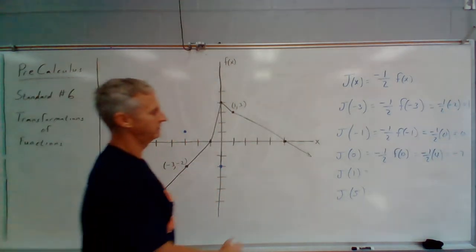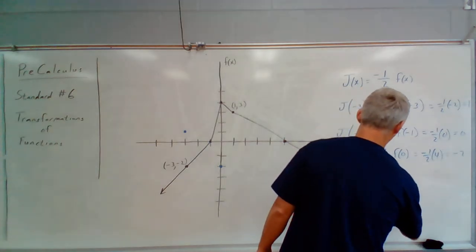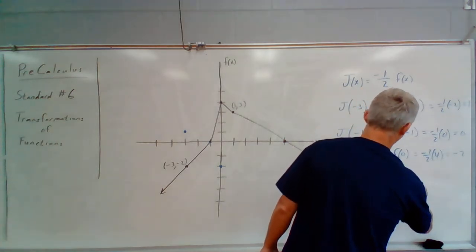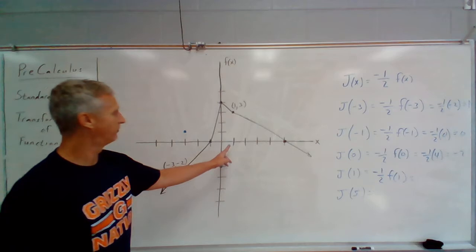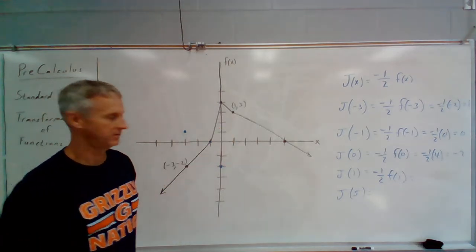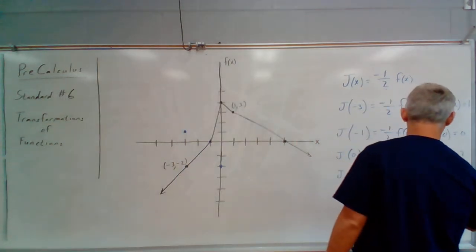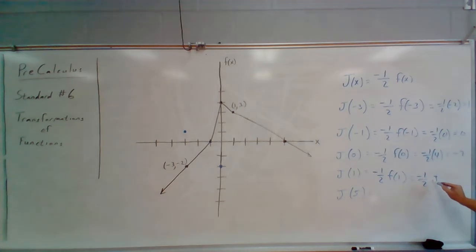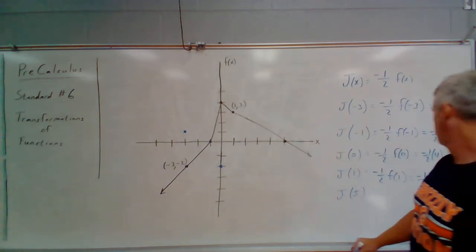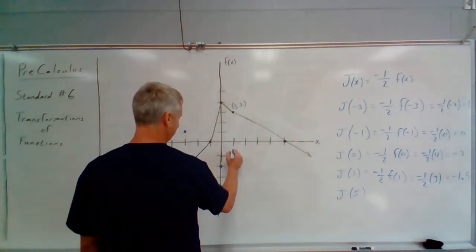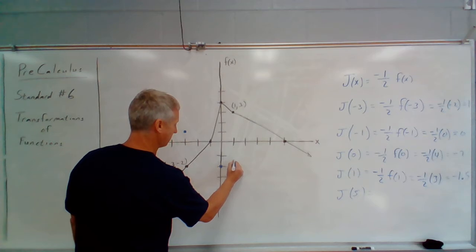J of 1 would be negative 1/2 times f of 1. F of 1 was 3. So I have negative 1/2 times 3. Half of 3 is 1.5, so negative 1.5. That would go here.